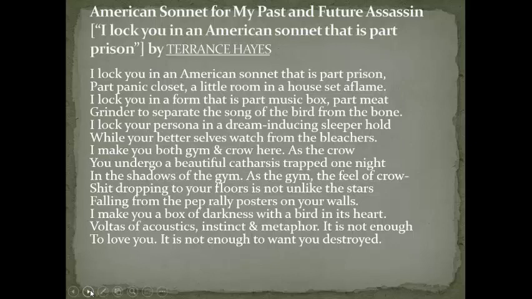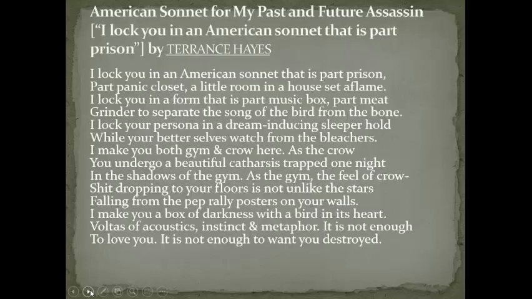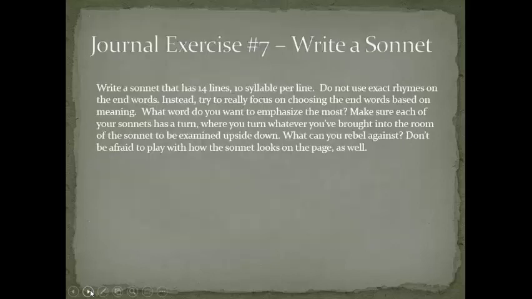That's a lot of syllables, right? It is not following the form, it is breaking the form, because there's so much more to say than what you can fit in 10 syllables. But look at how it's still about the size of a sonnet, right? So both Elizabeth Bishop's sonnet, which is shrinking the sonnet, and "An American Sonnet for My Past and Future Assassin," which is extending the sonnet, are talking back to oppression in America through their sonnet forms.